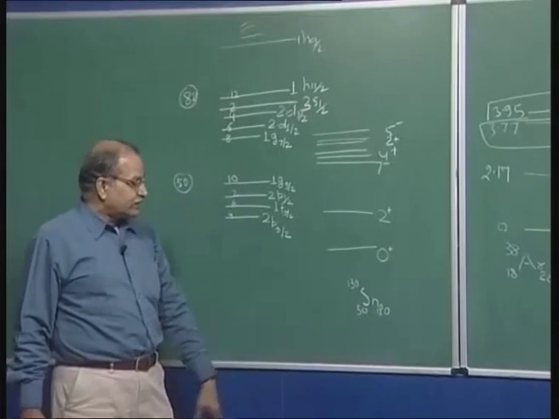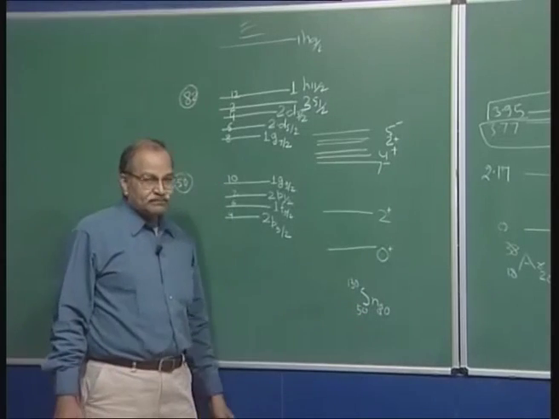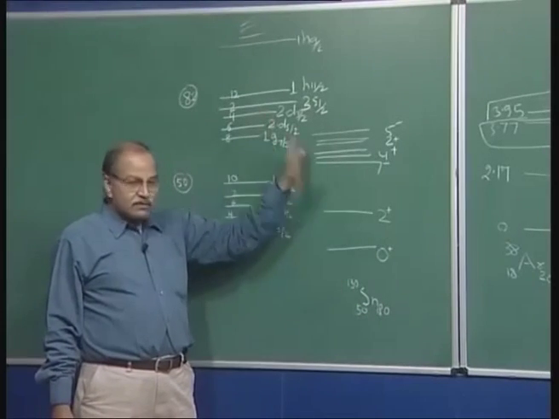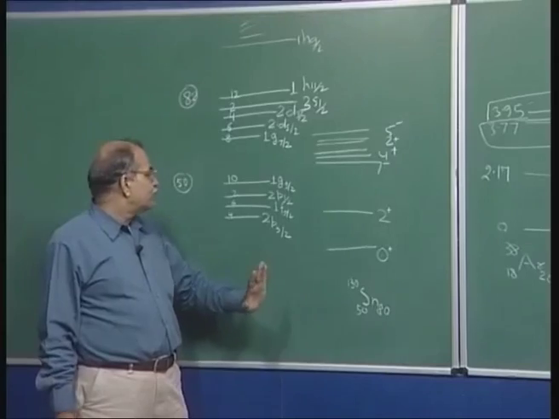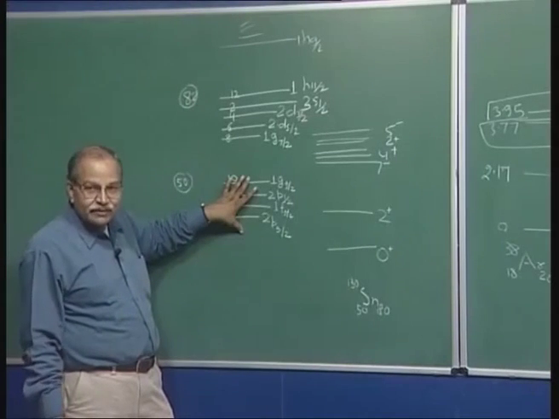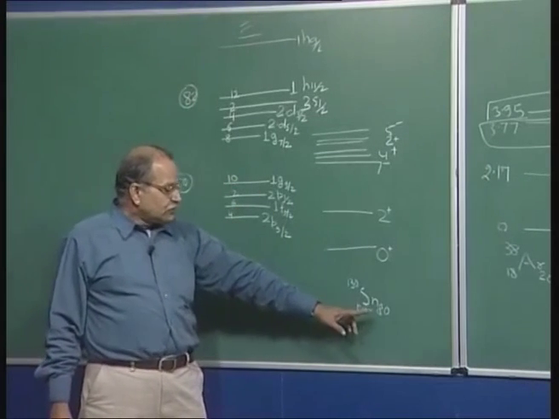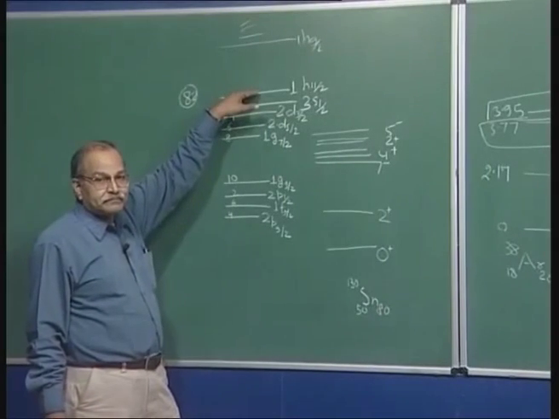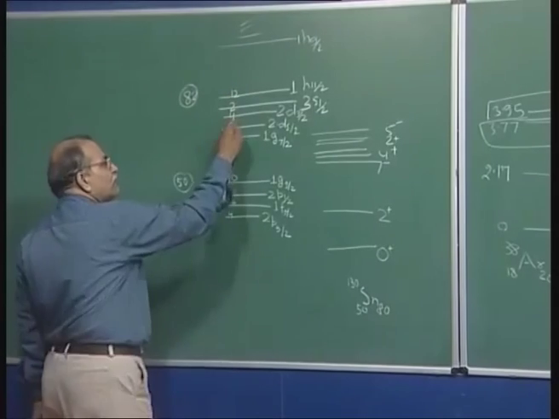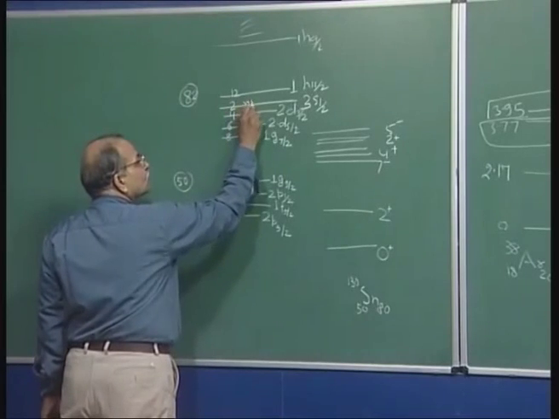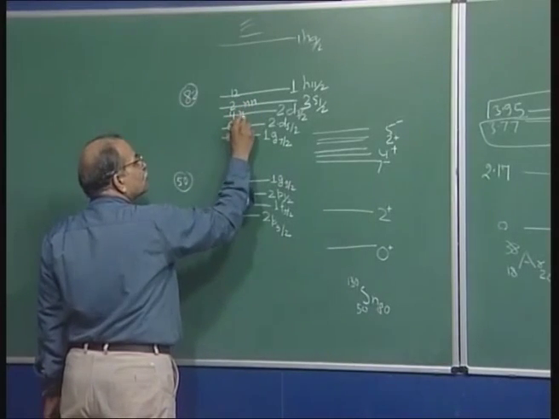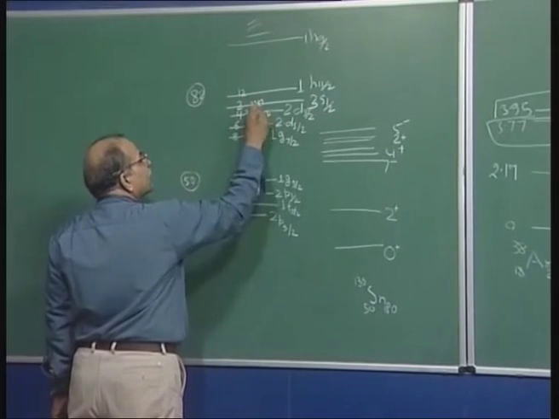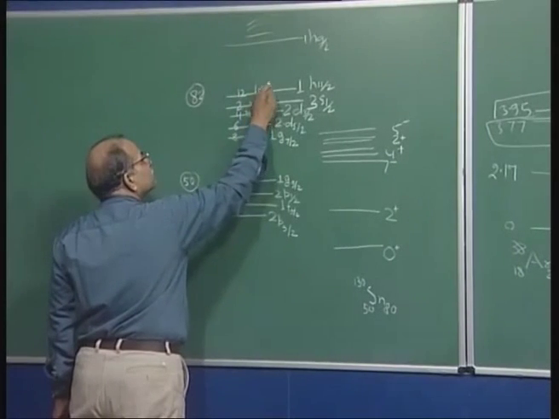So now look at that tin 50, 80. So protons will fill the major shell up to 50, so that is okay, and neutrons will be 2 less than this major shell. So all this will be filled. You will have 2 neutrons here, you will have 4 neutrons here, and you will have 10 neutrons here.